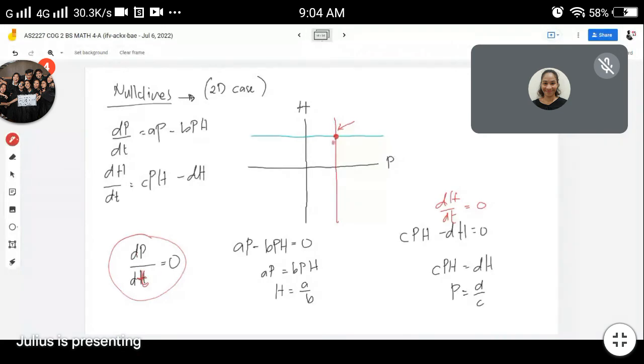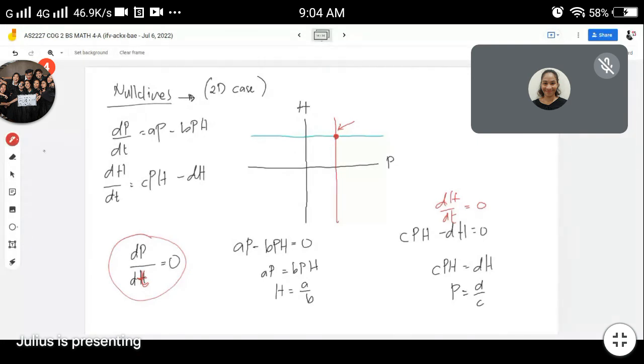So what do you think is the intersection? What's the intersection? Katong A over B of D over C. Yeah. So that is the intersection, di ba, is both dP/dt and dH/dt are equal to 0.